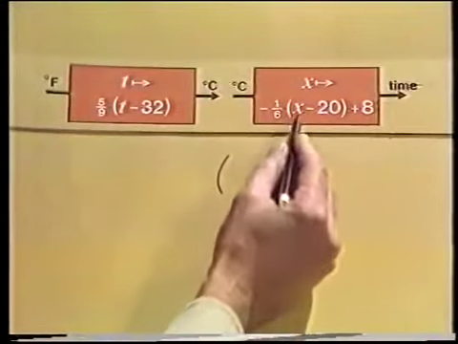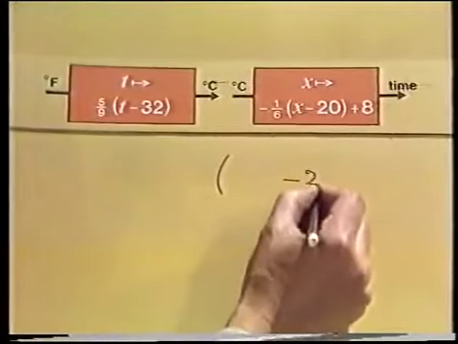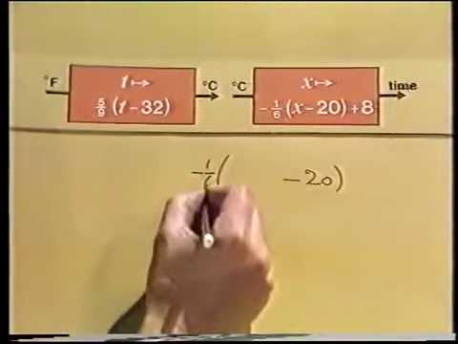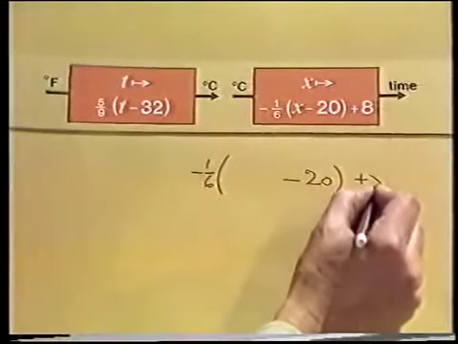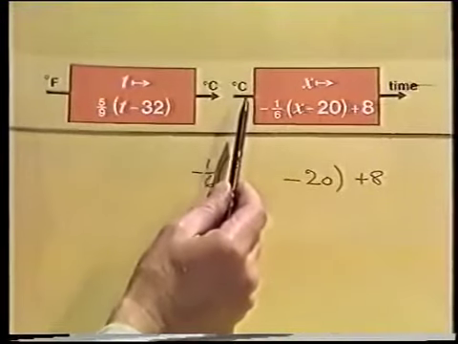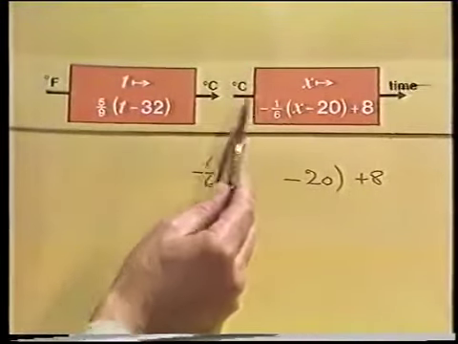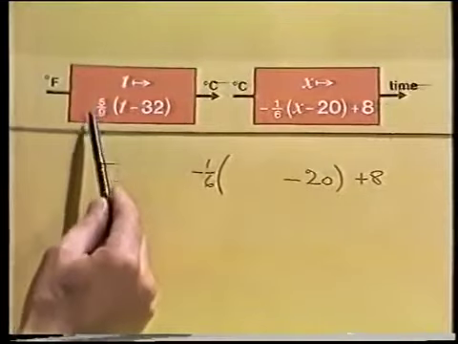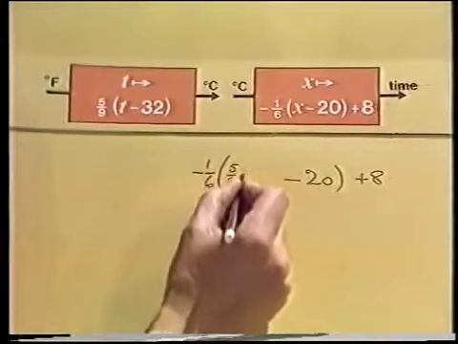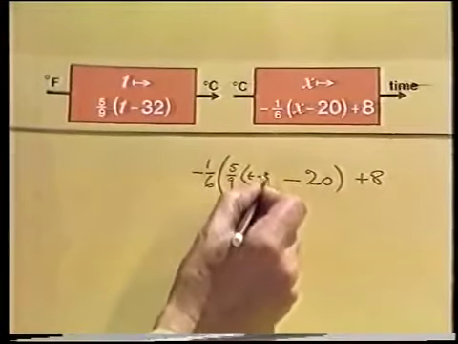It tells me whatever I take, I have to subtract 20, multiply by -1/6, and then add 8. And what I take is x, the input. But now I want the input not to be x, but the output from here, which is 5/9 of t minus 32.